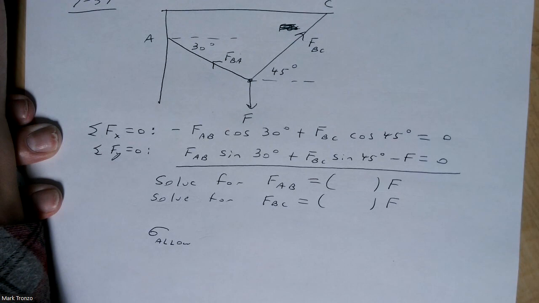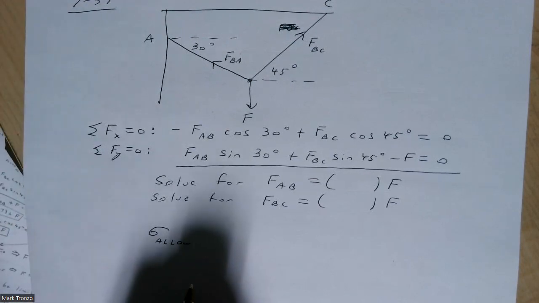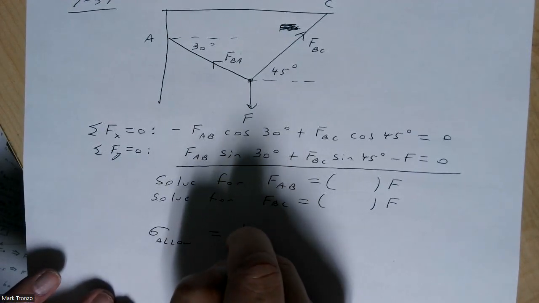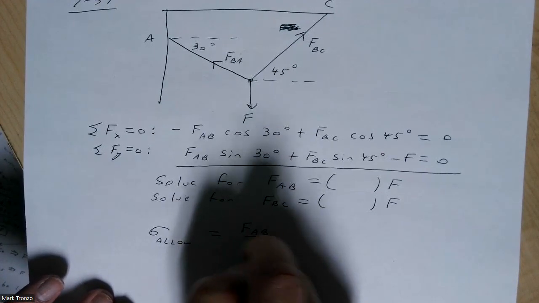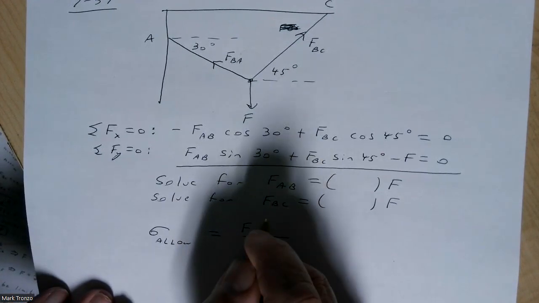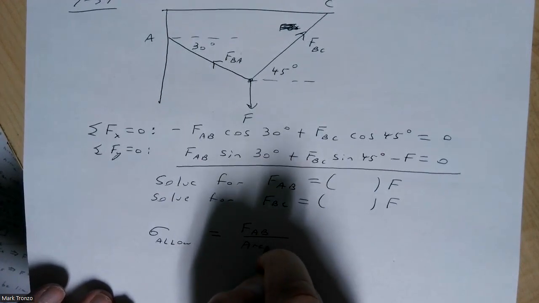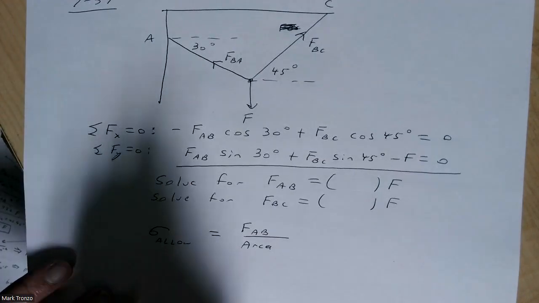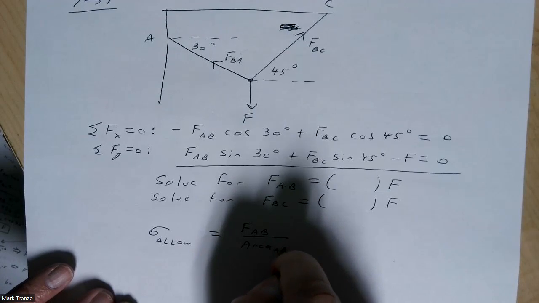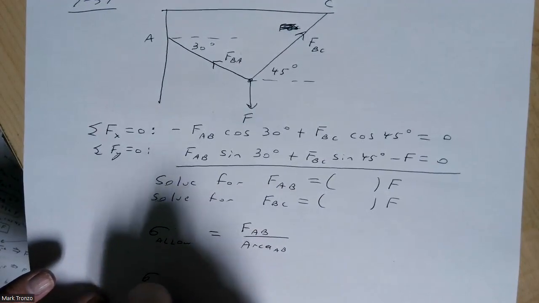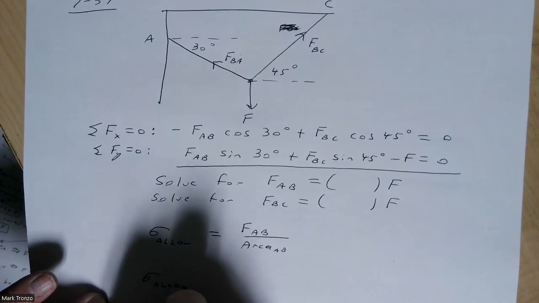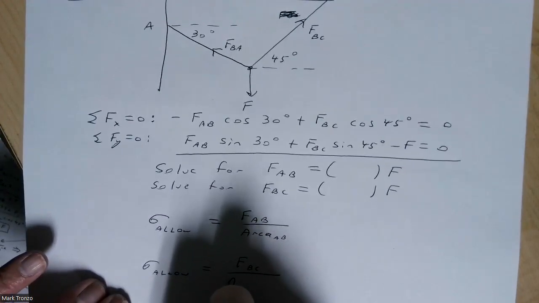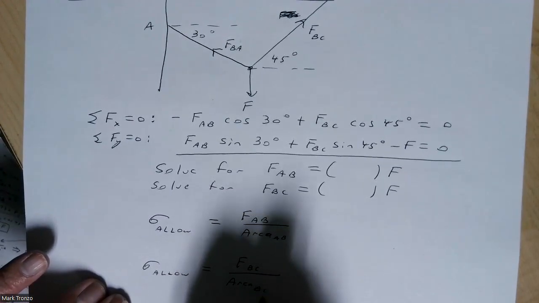And like I say, whatever your allowable stress is, put that into here and set this equal to your FAB divided by the area of that particular member. So that'd be the area of AB. And then same thing over here, put your FBC divided by the area of BC.